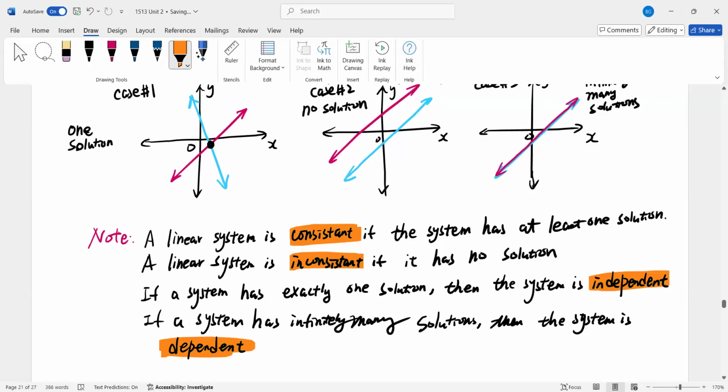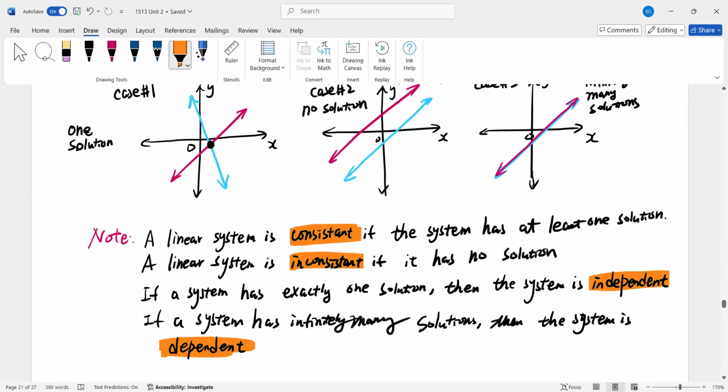When do we say a system is consistent? If it has solutions. It doesn't matter how many solutions, it's called consistent. A linear system is inconsistent if the system has no solution. It cannot make sense, right? Inconsistent means there's a contradiction in it. There's something wrong that prevents the system from having solutions. So inconsistent means no solution. A consistent system means it has at least one solution.